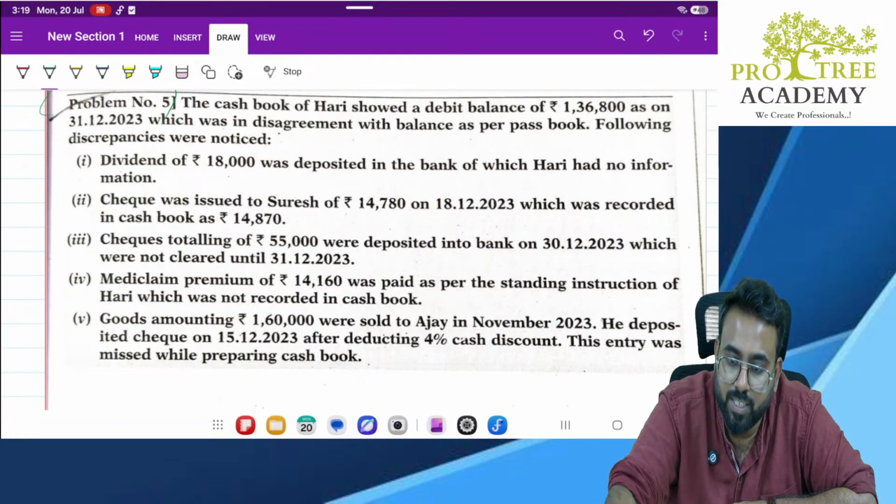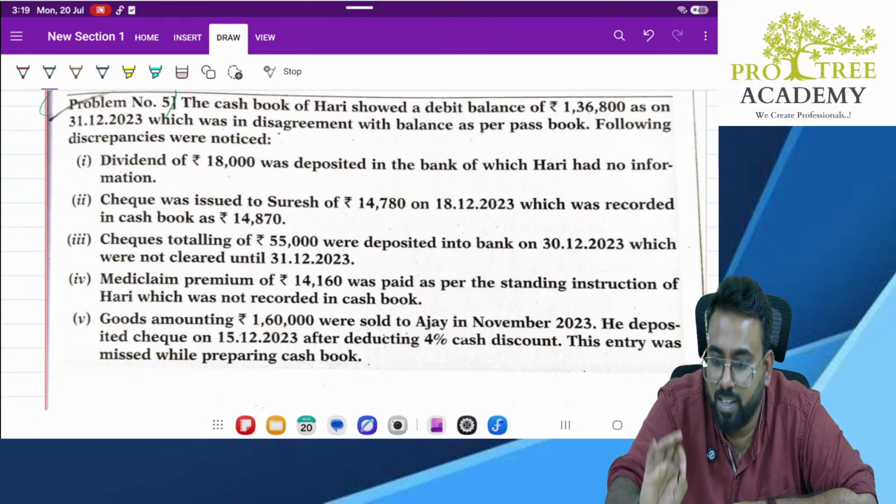Check wrongly written as, check wrongly written in the cash book. What to write is not a difficult thing.